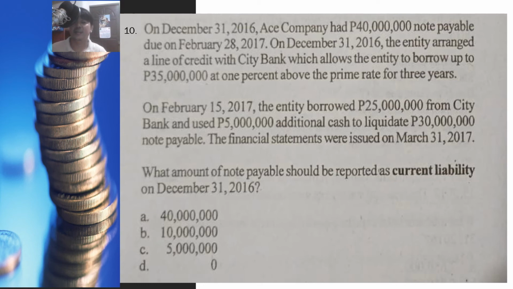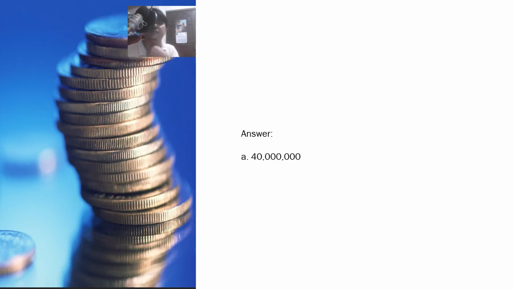So, again, nangyari yun noong February 15, 2017, which is after ng ating balance sheet date na. Take note, the financial statements were issued on March 31, 2017. So the question again is current liability. The answer is 40 million.